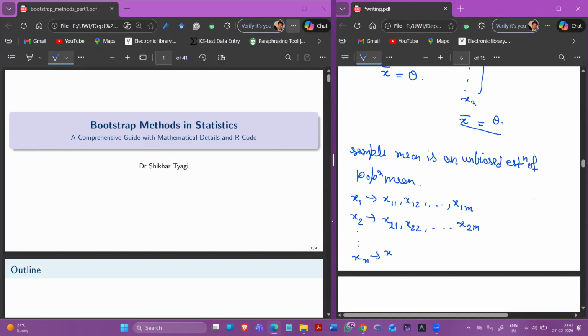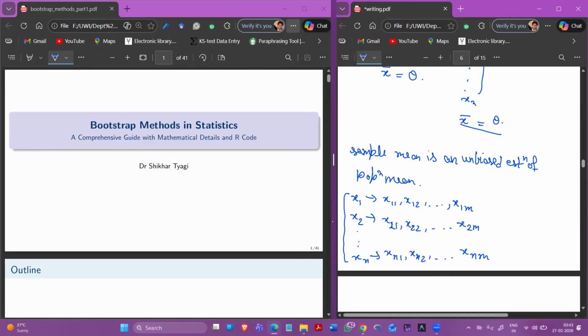Here you will again collect the observations or sample units, that are your xn1, xn2 and then xnm. These are your n samples. This is the meaning of the n samples. X1, x2, xn are not the observations; these are your samples.